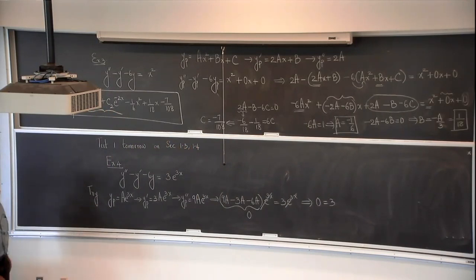But look at yp. Do you see something wrong with what you wrote for yp? Look at yh and yp. Do you see something that you are violating here? Look at the first term of yh.